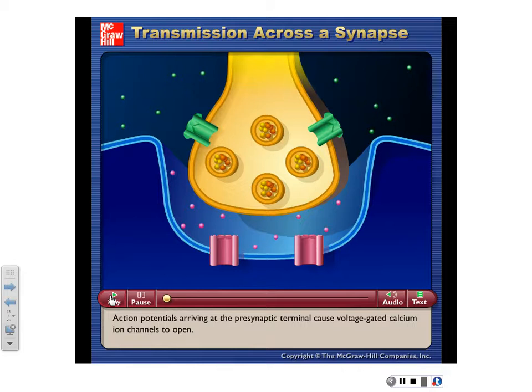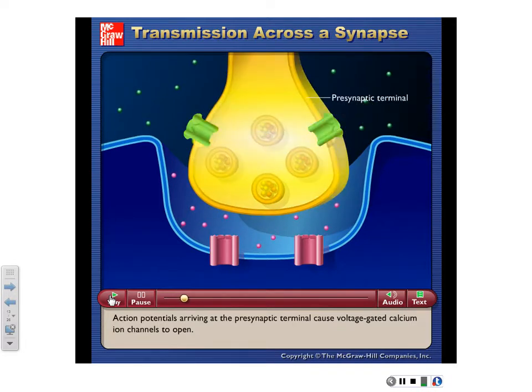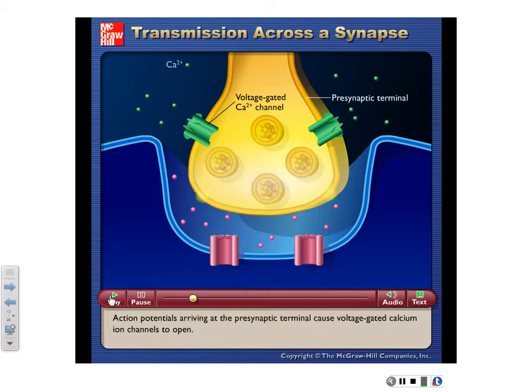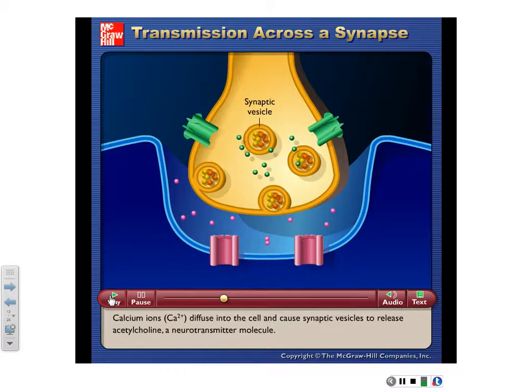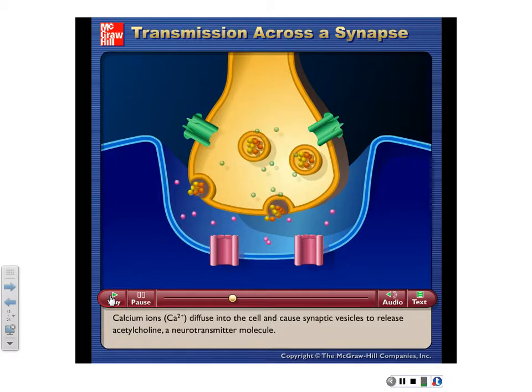The transmission. Action potentials arriving at the presynaptic terminal cause voltage-gated calcium ion channels to open. Calcium ions diffuse into the cell and cause synaptic vesicles to release acetylcholine, a neurotransmitter molecule.